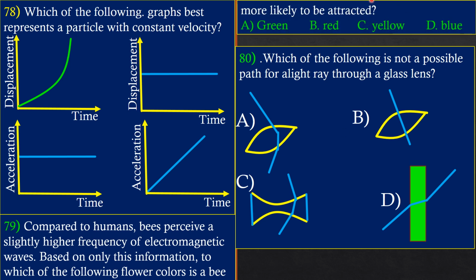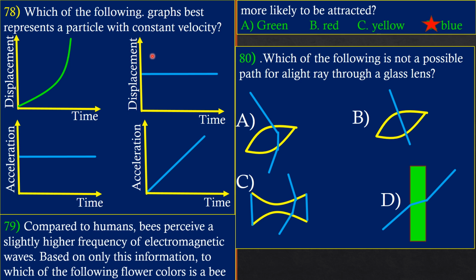So, guys, bees are going to be attracted to that color which reflects higher frequency electromagnetic radiation. In that spectrum, we know that the two colors are simply blue and violet. So option D has to be the best option.